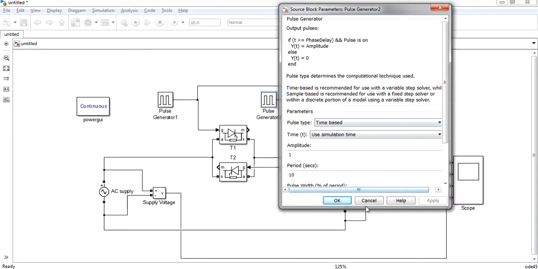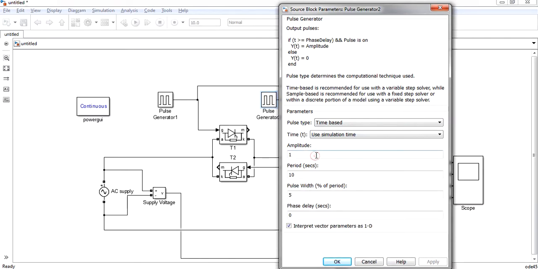Similarly for the second thyristor, keep the amplitude same 10, period will be 0.02, pulse width 5, and here now 90 plus pi, that means you are triggering the second pulse generator at an angle pi plus alpha. So 90 plus pi, that is 90 plus 180, how much is it? 270 into same 0.02 divided by 360.